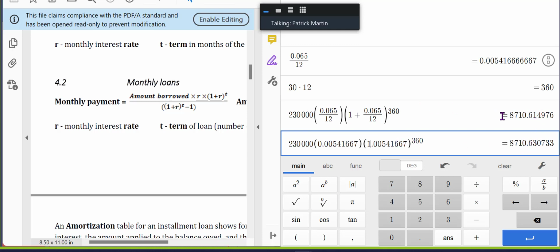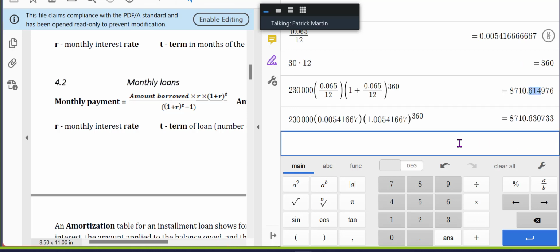So see how this is exact? It's 0.61, and this is a little bit off because we rounded the R and then calculated, but it'll probably work out okay if you use that as well. Okay, so that's the top, and then the bottom is 1 plus R to the power of T minus 1.